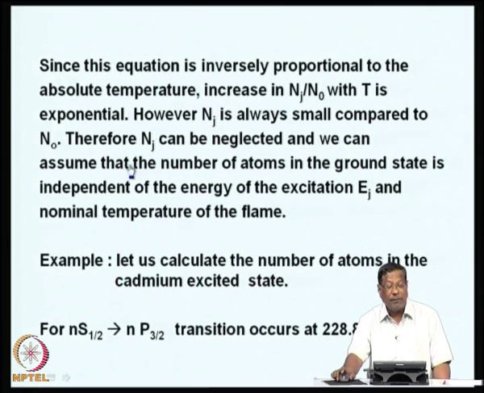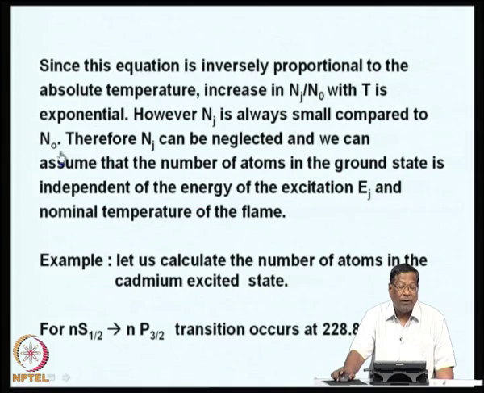Since this equation depends on the absolute temperature, the increase in Nj by N0 with T is also exponential. This you can deduce from the nature of the equation itself. However, Nj is always small compared to N0, that means the number of atoms in the excited state is always small compared to the number of atoms in the ground state.